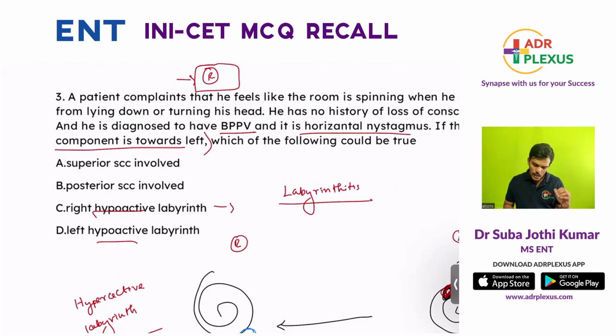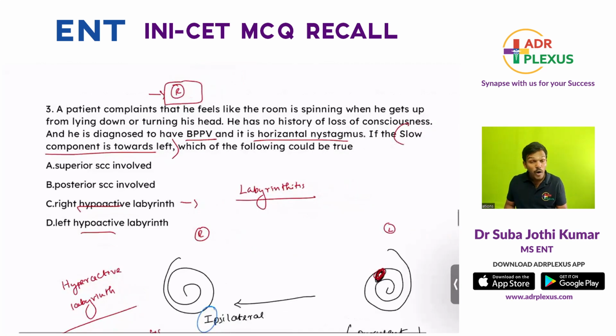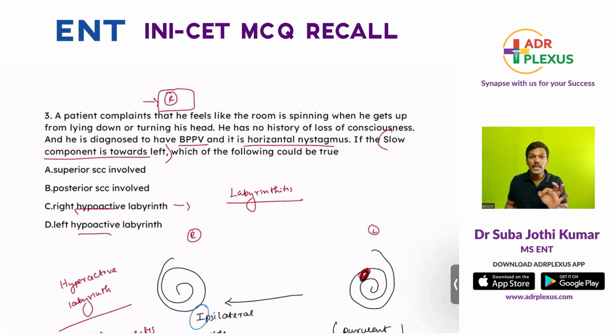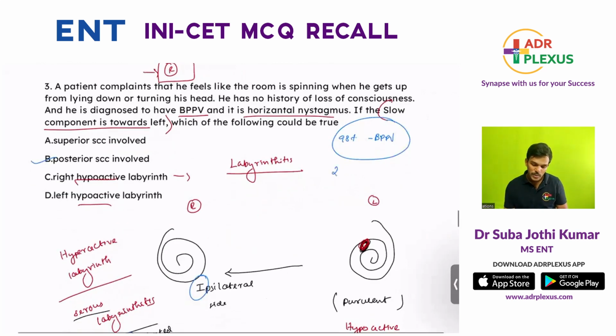Now, how could we answer this question? If BPPV is the answer for this question, it has already been given in the question. So now we can go for the important feature of BPPV. It is posterior semicircular canal involvement. 98% of BPPV is due to posterior semicircular canal involvement, whereas the remaining 2% can be due to superior or lateral.